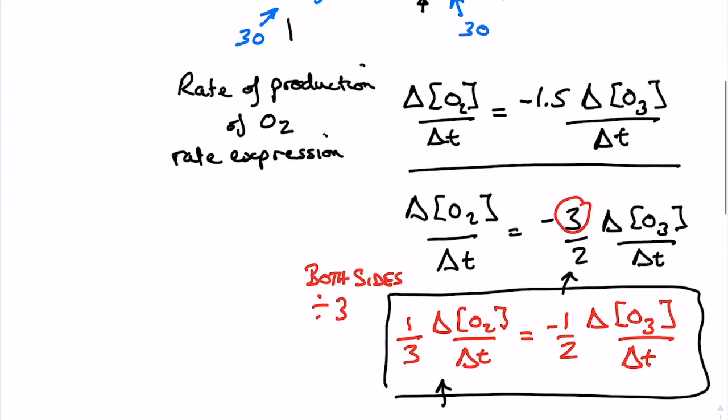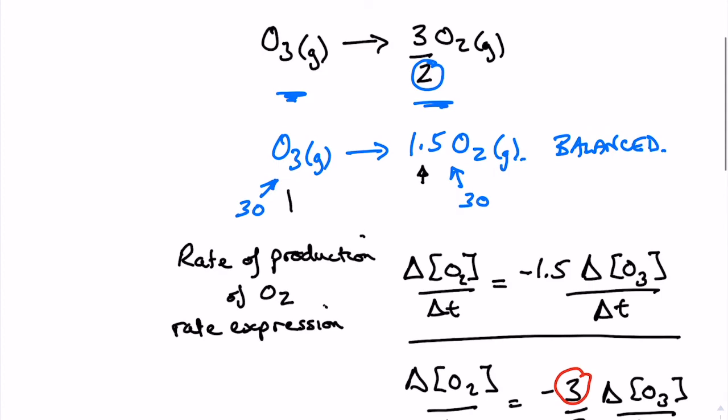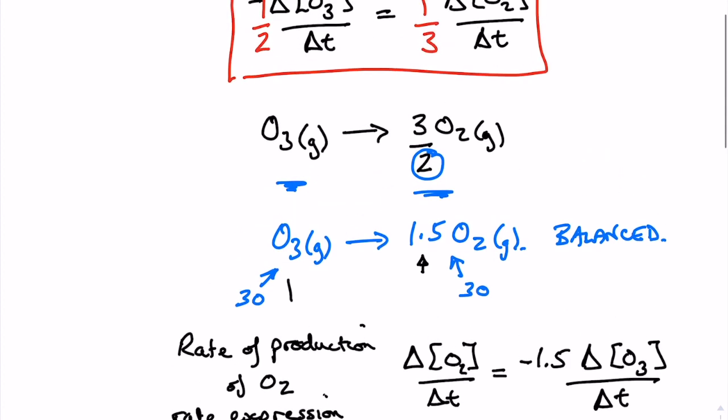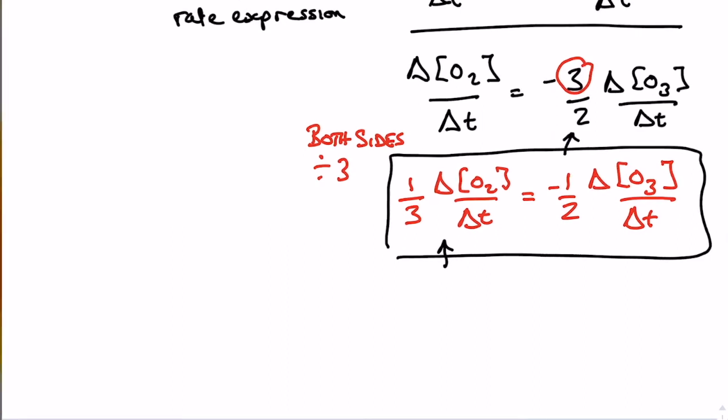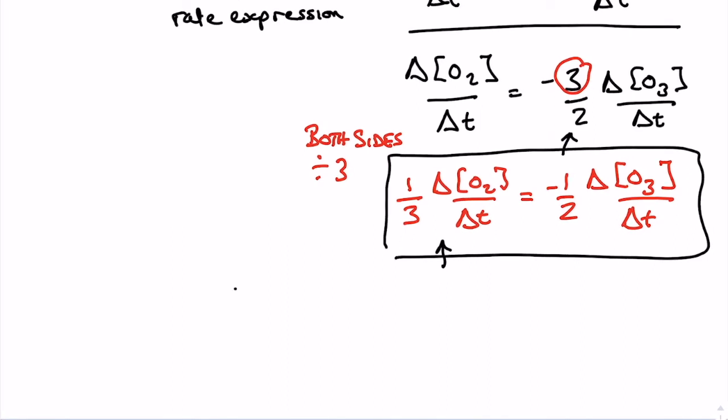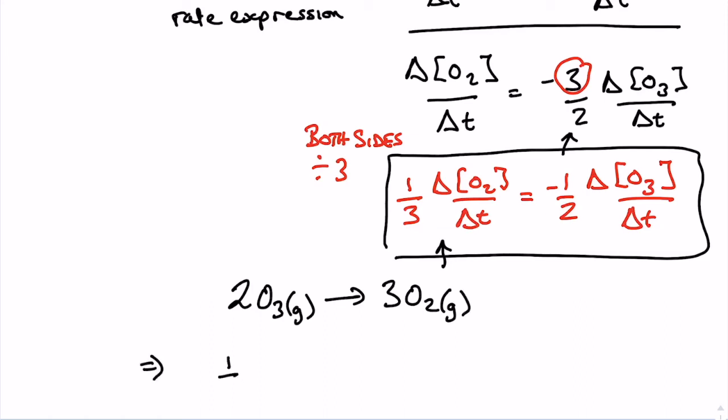And so if we compare this rate expression to the one at the very top here, we'll see that this is identical. And so the reason we could just briefly look at this, we could say, well, the actual equation that we were talking about, if we were to rewrite this, we would just look at the fraction of the coefficient, which is the change in ozone divided by the change in time.